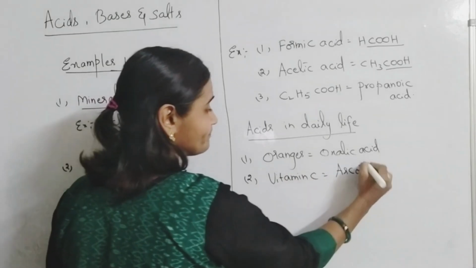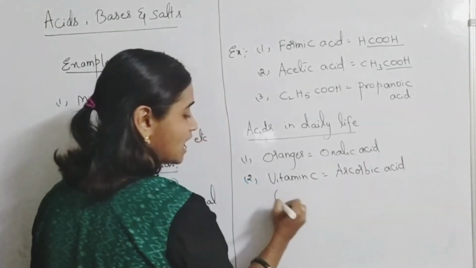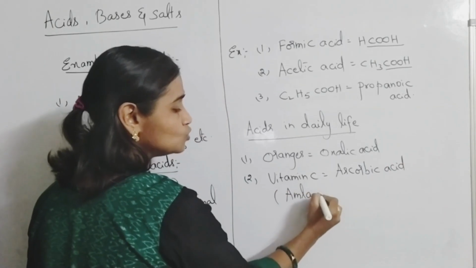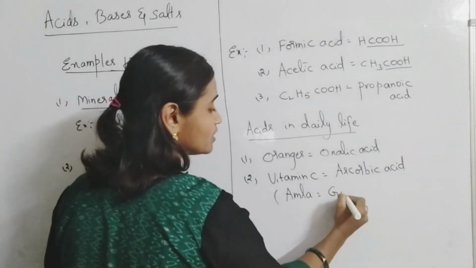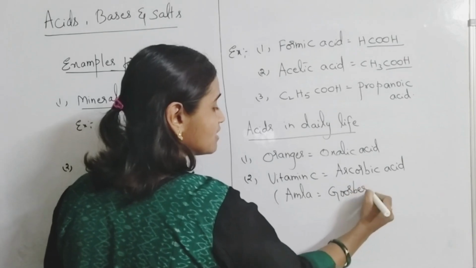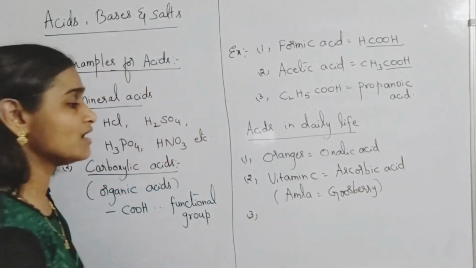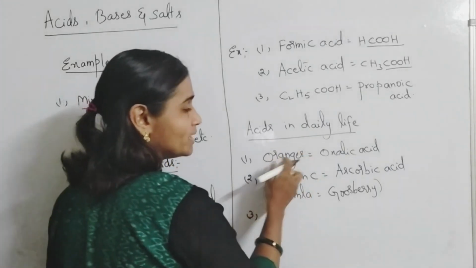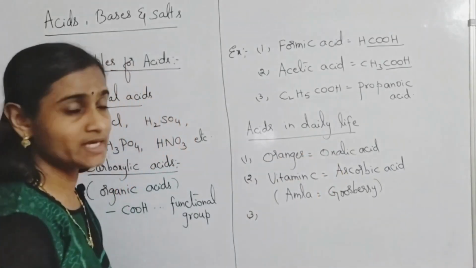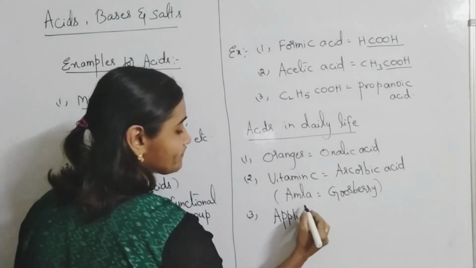If you go for vitamin C, it is called ascorbic acid, which is generally present in amla or gooseberry, as you all know. In gooseberry, ascorbic acid is present, and like that you have oxalic acid even in tomatoes, not only oranges. And in apples you will find malic acid.